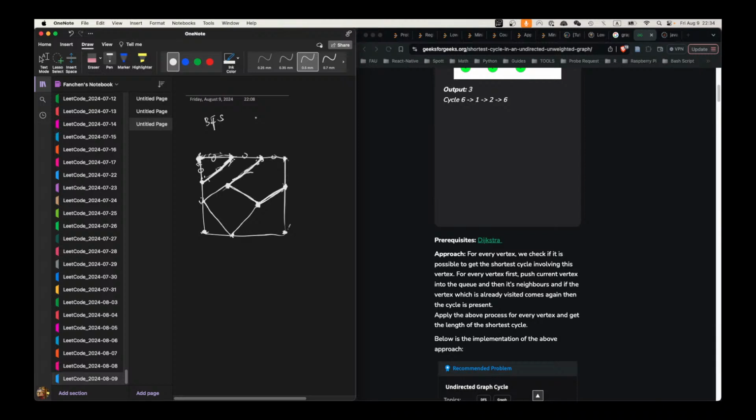DFS cannot guarantee that, but BFS can guarantee the cycle of the shortest length. Because when you start, right, if you're here, next level is this, and the next level, but we say this one has done already, and the next level is here. Yeah, so like involving this node, the shortest is this one.